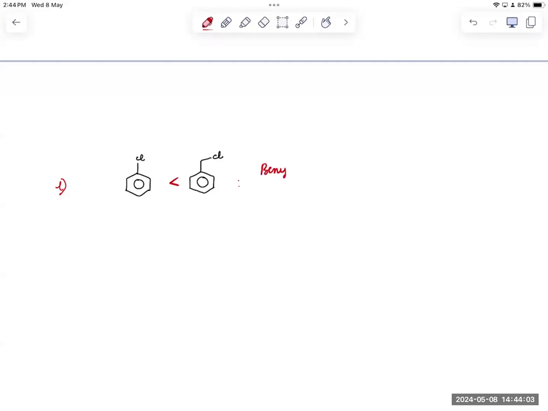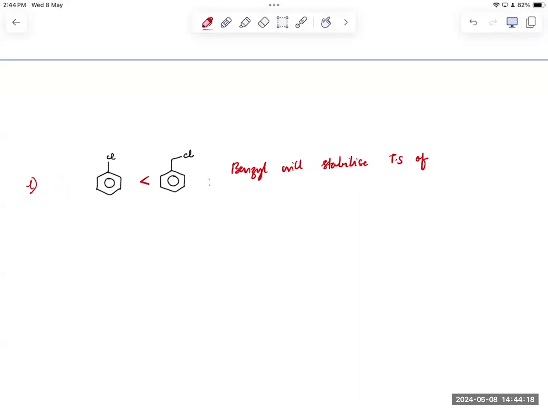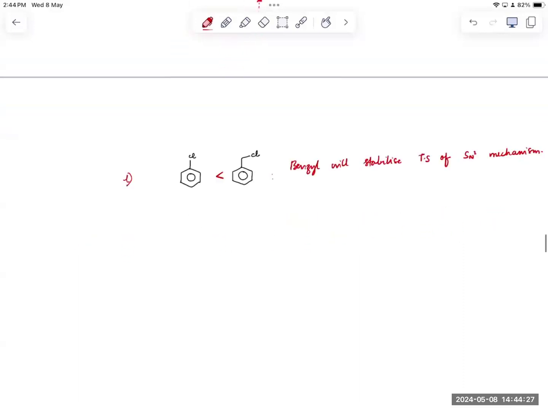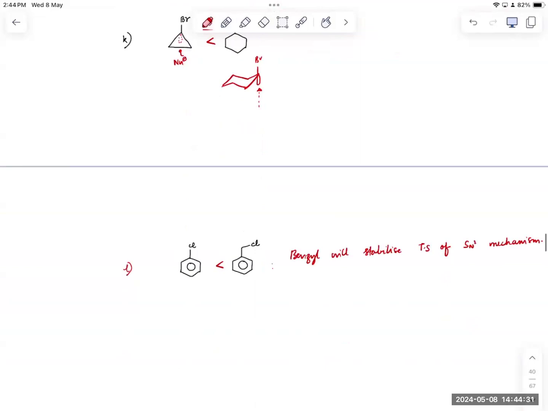Benzyl will stabilize the transition state of the SN2 mechanism. Done, everybody? I hope all of you got an idea about SN2 reactions.